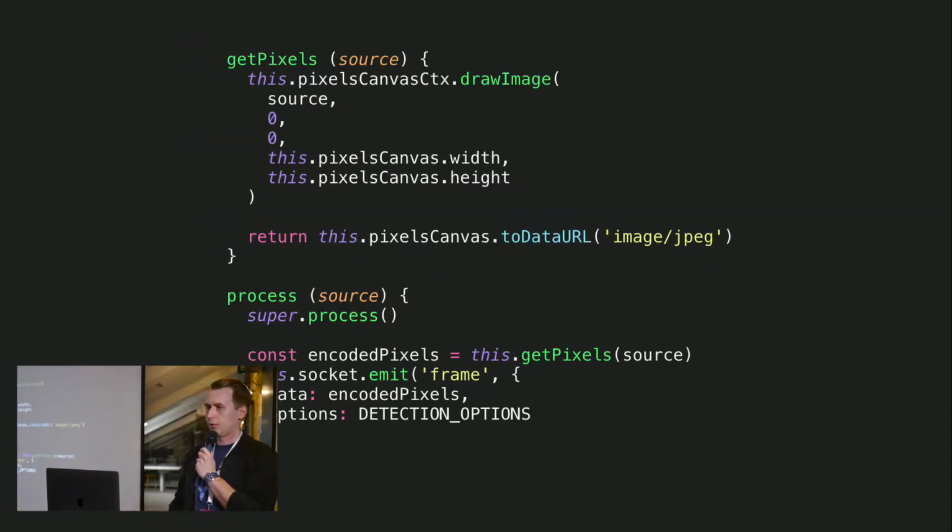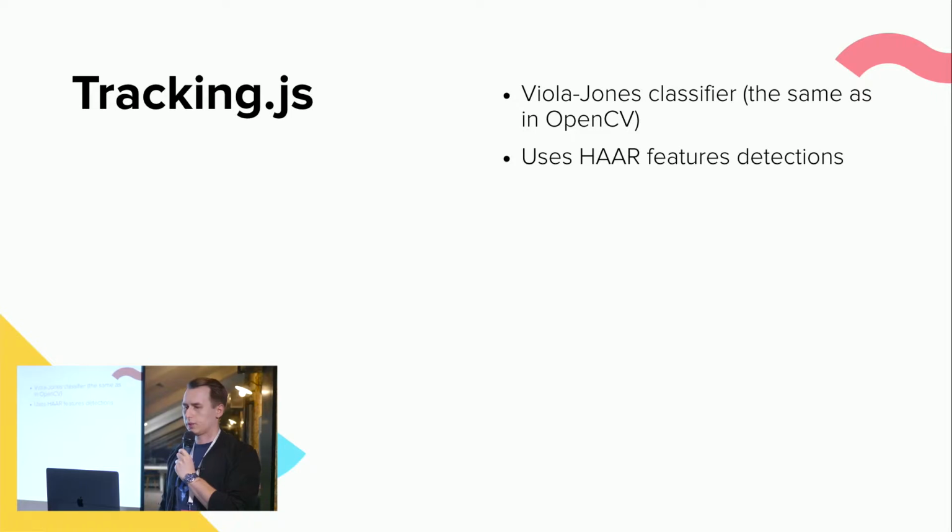And on the front end, we can get this result and, for example, draw a rectangle in the place where the face is. The next approach is Tracking.js, and Tracking.js also uses the Viola-Jones classifier, like OpenCV.